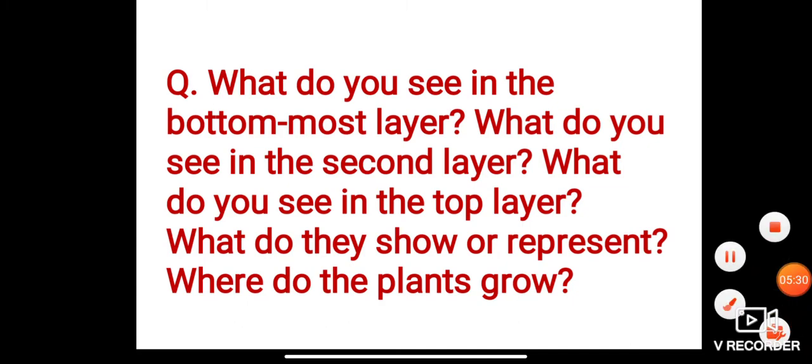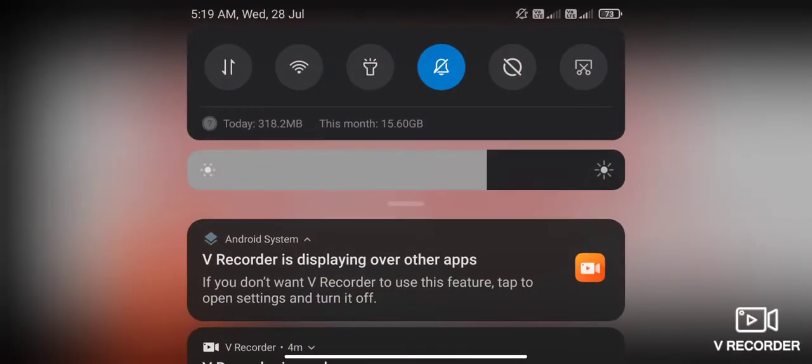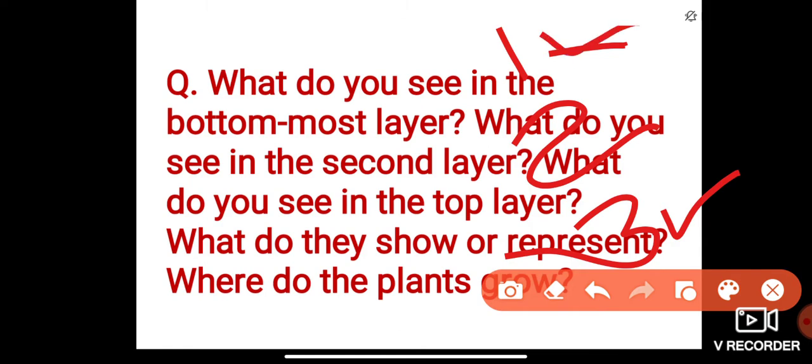From our discussion we have seen that there are three layers, one, two and three. What do they show or represent, and where do the plants grow? Is it in the first, second or third?